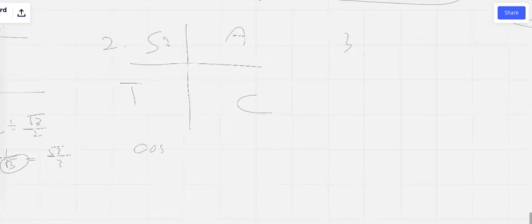With an uppercase, which is cosine, sine, and tangent, we know that in the first quadrant is all of them. And in the second quadrant, take a moment to guess, do you know what's in the second quadrant? Yes, it is the cosine.